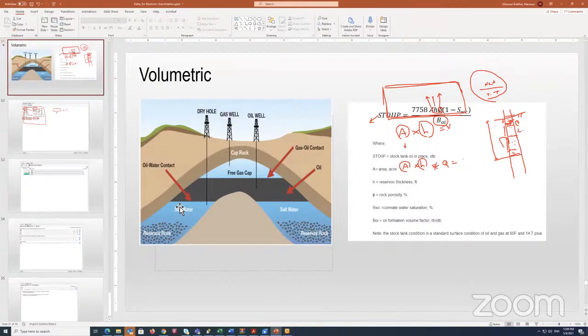Okay, thank you. Another question. How important is a topographic survey to understand the subsurface before conducting a geophysical survey? That's very important to find out the topography.